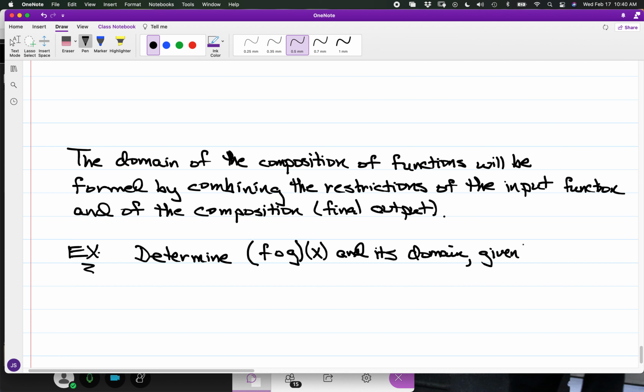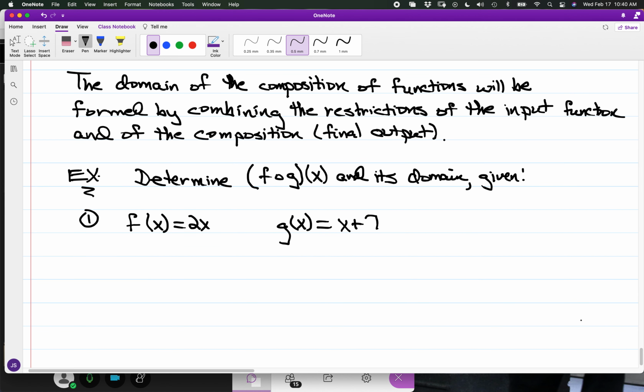And say we have given, for the first item, we'll say that f of x is equal to 2x, and g of x is equal to x plus 7. Okay, and so for f composed with g of x, we're looking at f of g of x.